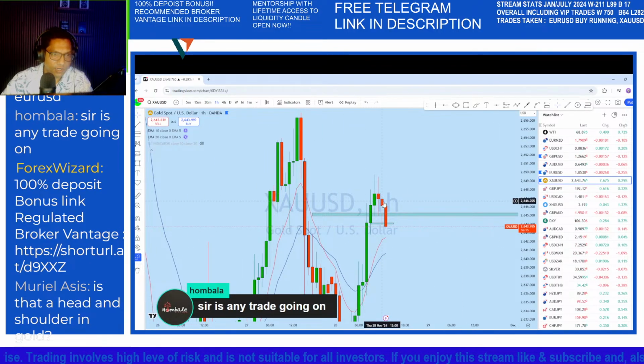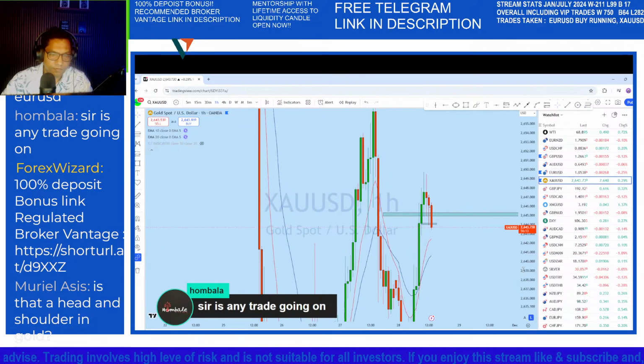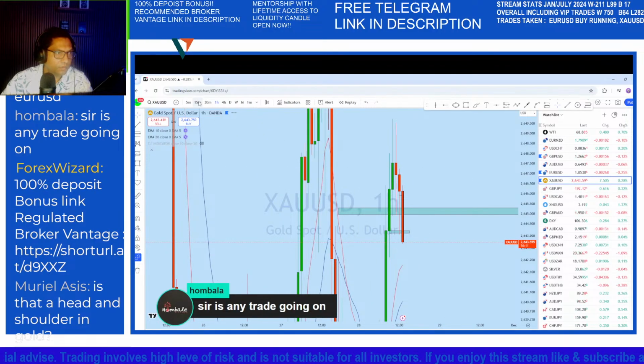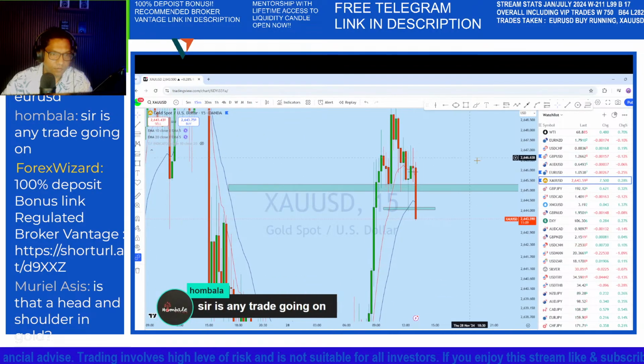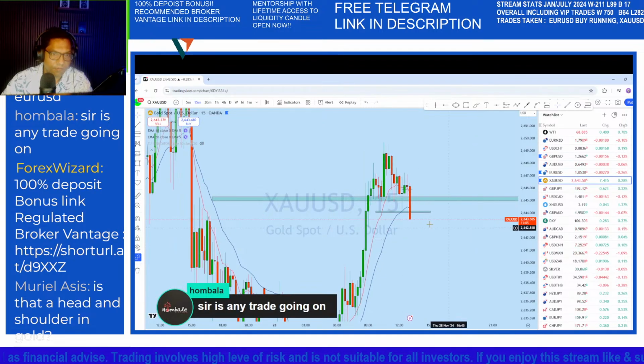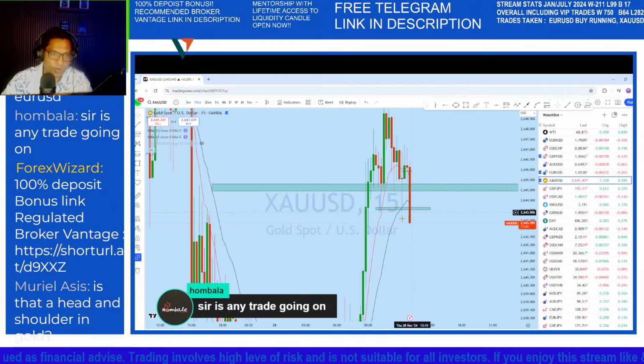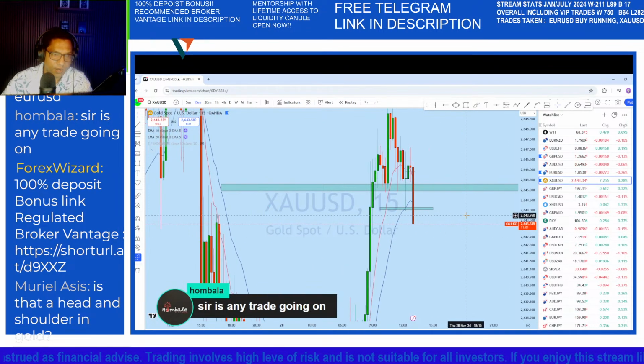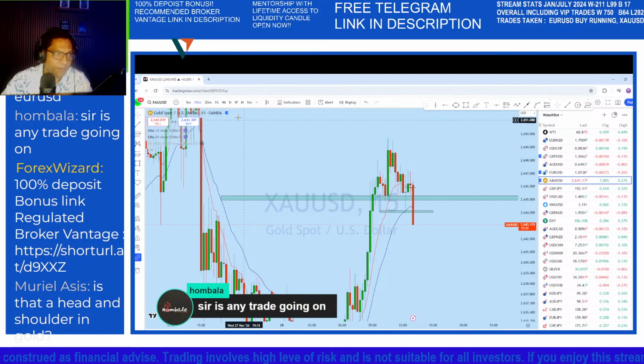So if you look here, this is just what I think is a complete manipulation in that area with this liquidity grab.